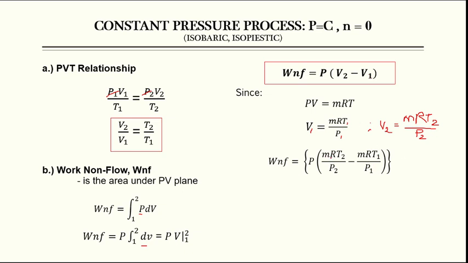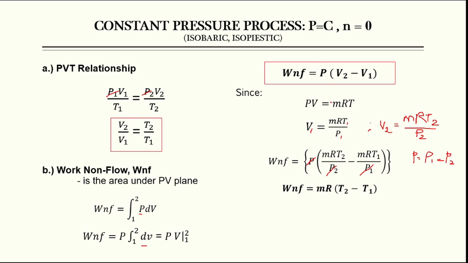Meron ba tayong common terms? Meron. Ano yung common terms natin? mR. So ilabas natin yung mR. Ang kalalabasan yan, mR(T2 minus T1). Paano naging T2 minus T1? Kasi nga, constant pressure tayo. Yung pressure natin dito at saka sa denominator, makakancel lang. Diba? Kasi P is equal to P1 is equal to P2.